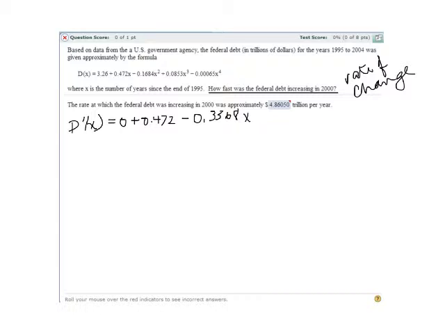Sorry, 0.2368. Let me fix that. No, I was right, 0.3368, because 2 times 0.1684, and then add 1 from carrying.